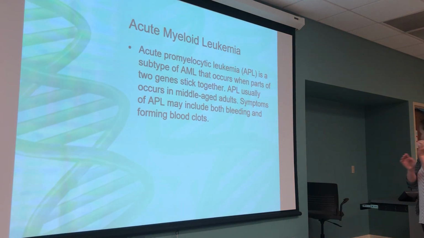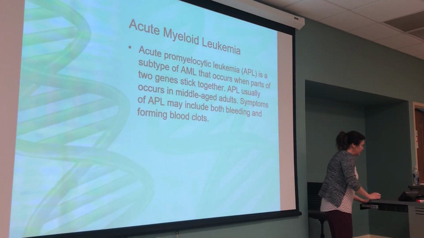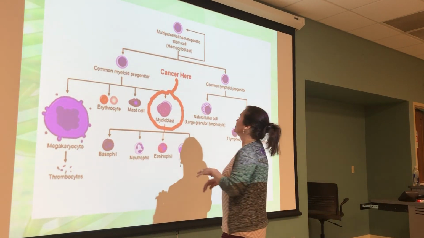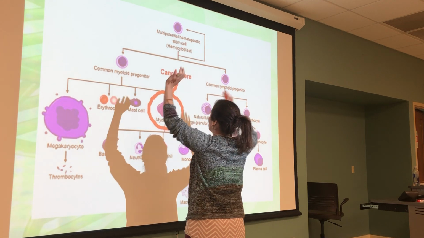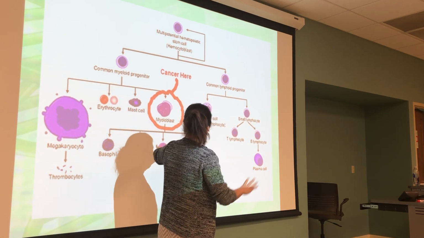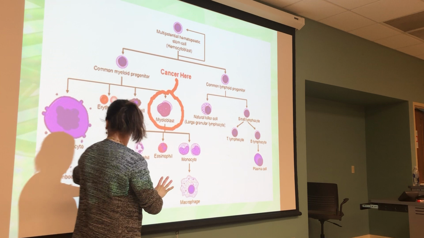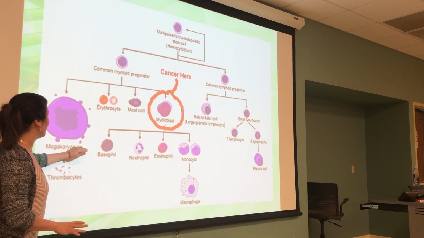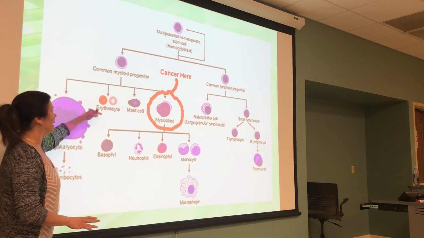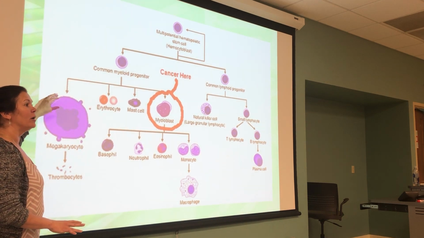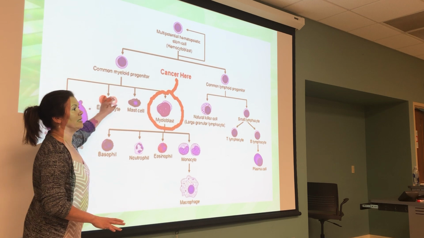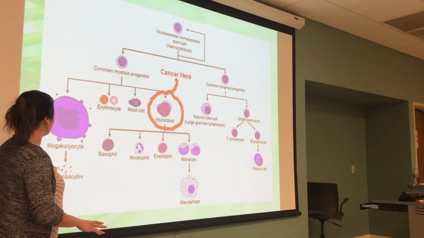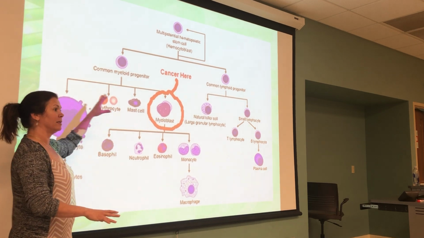So if I come here, the one that is completely immature, imagine the megakaryocyte, the platelets. You have thrombocytes, you have megakaryocytes, megakaryoblasts. So you would have, for example, acute megakaryoblastic anemias, and in the case of leukemias, acute megakaryocytic leukemia.